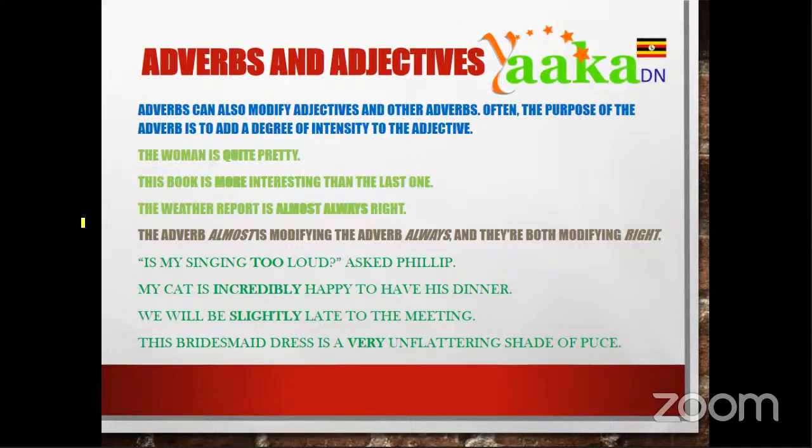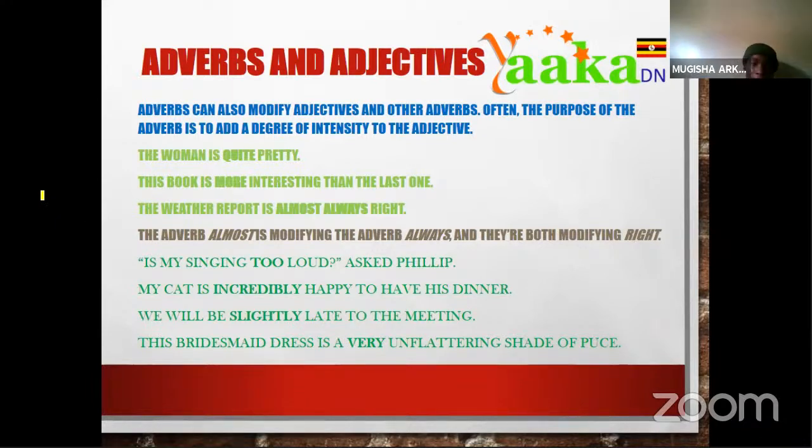Often, the purpose of the adverb is to add a degree of intensity to the adjective. So I'm requesting someone with POVA 3A to read on my screen, starting with the first sentence. The woman is quite pretty. POVA 3, please read. The woman is quite pretty.